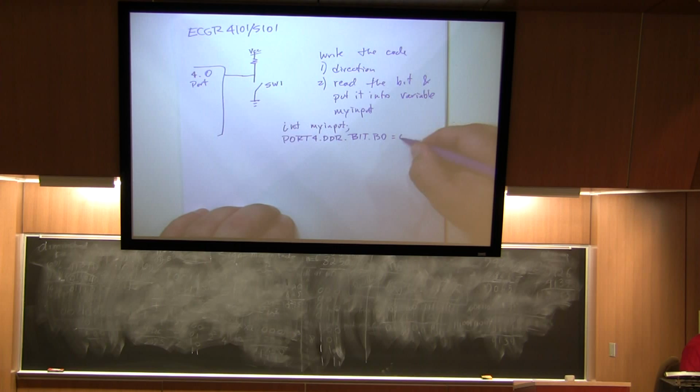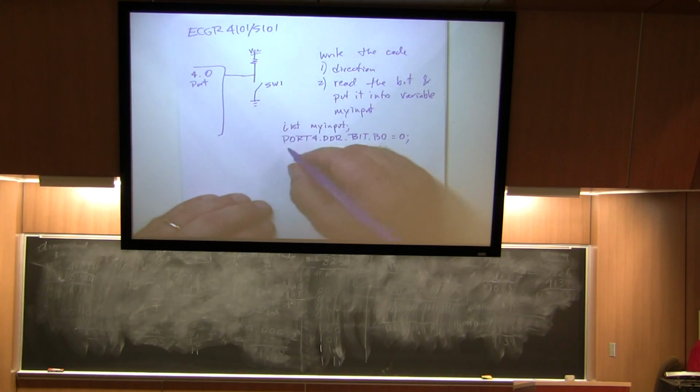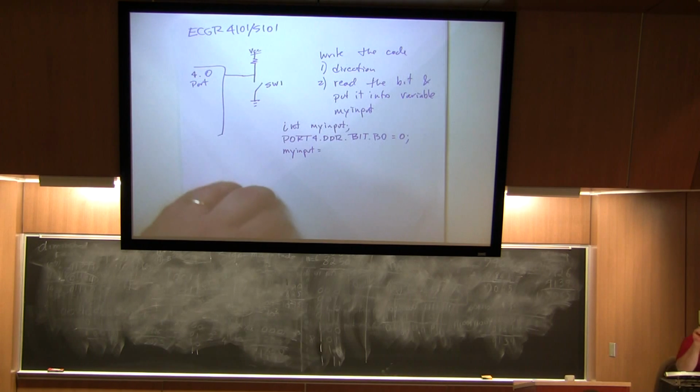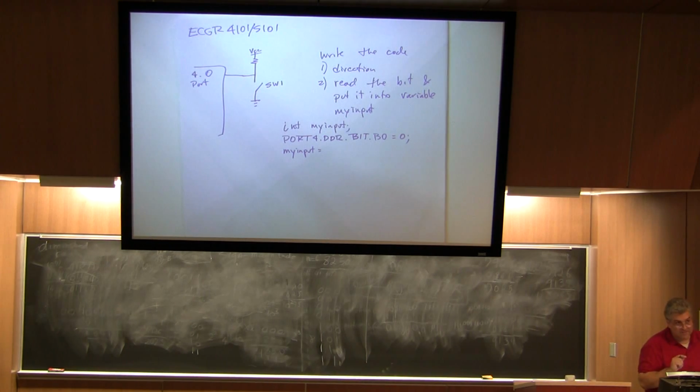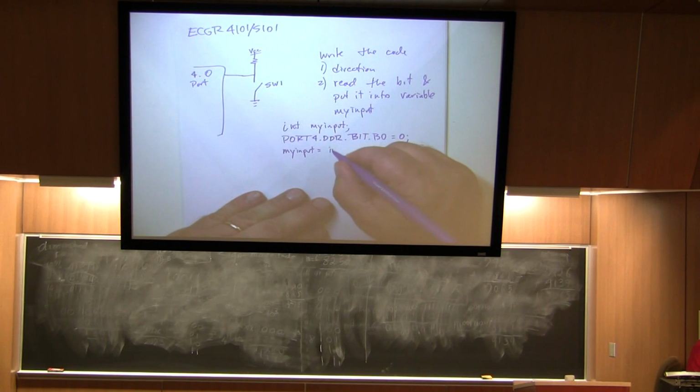It's an input. Then you need to set my input equal to the pin, and remember we're reading a single bit, which means you have to cast it into an integer.